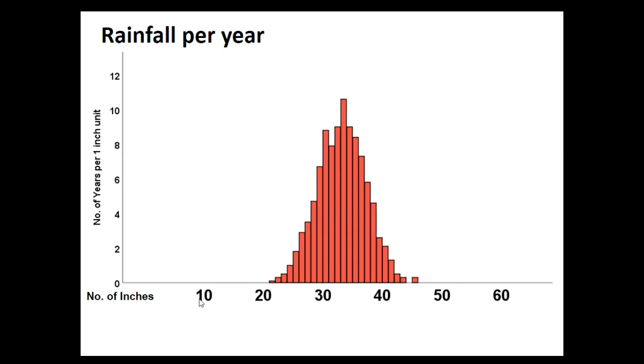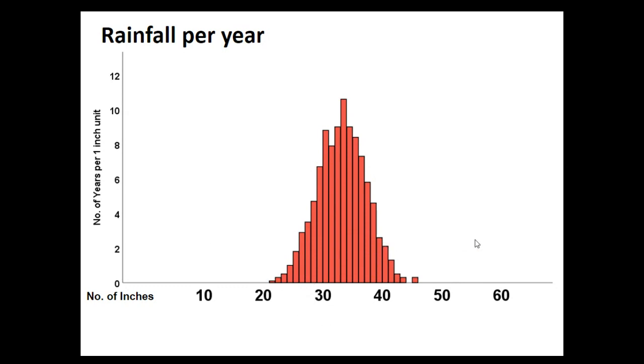Okay, well, I'll show you here. 25 inches of rain is right about here. And if we go up here, we see the height of the bar is about 3. So in the past 120 years, there were about 3 years that had 25 inches of rain.